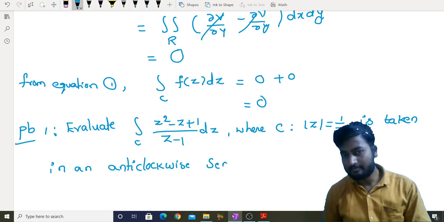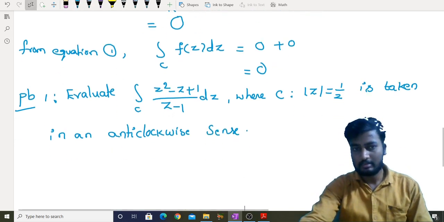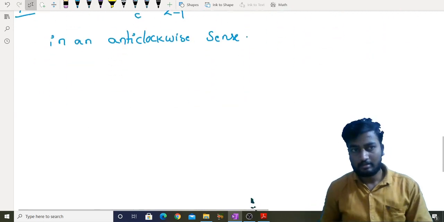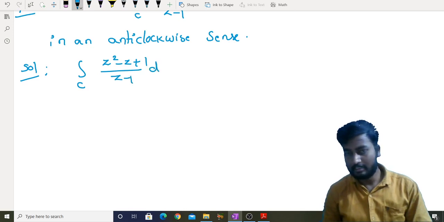So the solution is, what you need to find is the integral over C of (z square minus z plus 1) by (z minus 1) dz.